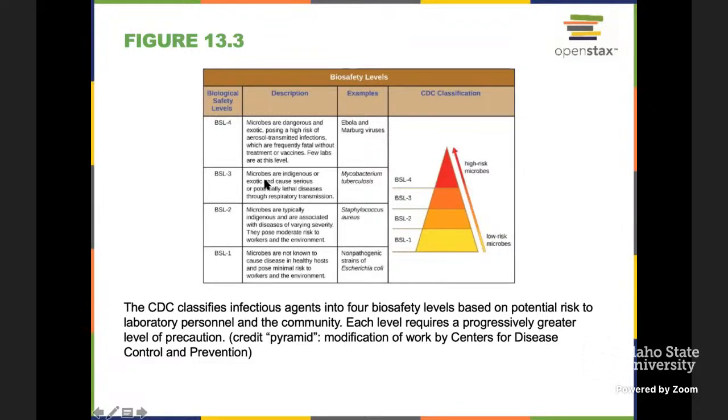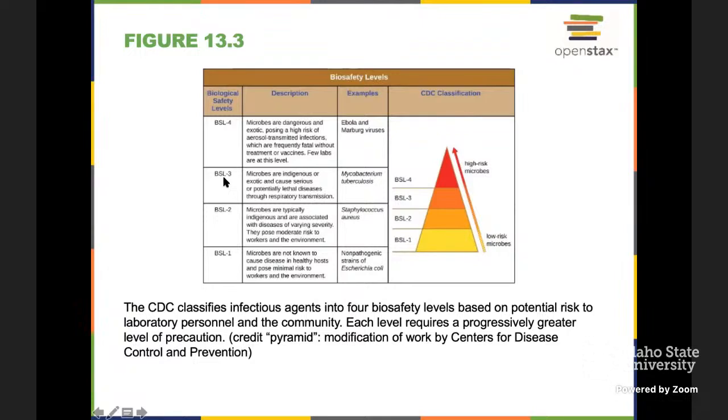So the level 3, these are organisms that definitely pose more of a threat, serious or lethal diseases. And we think about more stuff like aerosolized potentials for infection. So respiratory transmission, definitely issues.